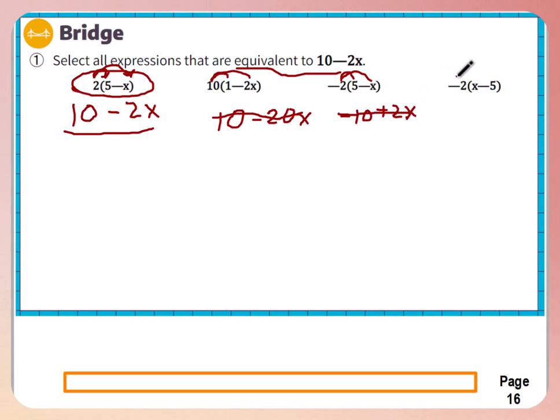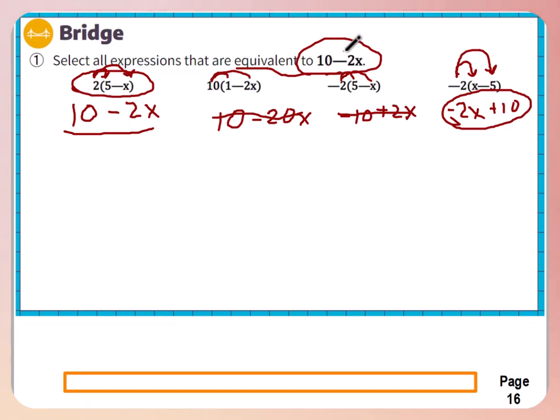Now last, let's distribute the negative 2, multiply that to the x, and then negative 2 multiplied to negative 5. So that's going to give us negative 2x, and then negative 2 times negative 5 is a positive 10. Now let's compare this to our original expression.